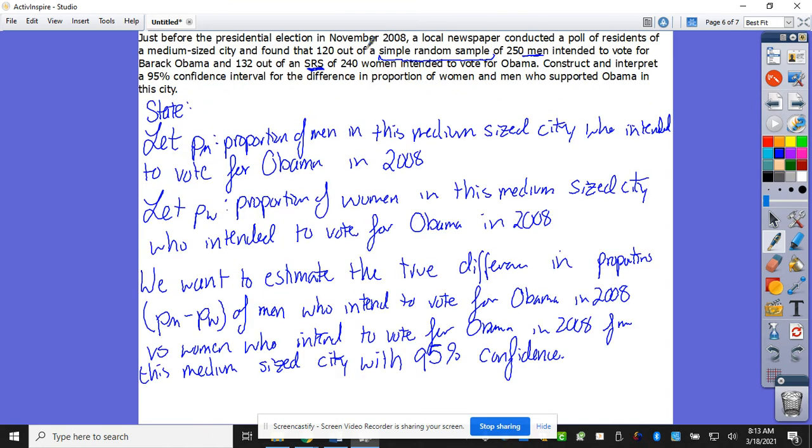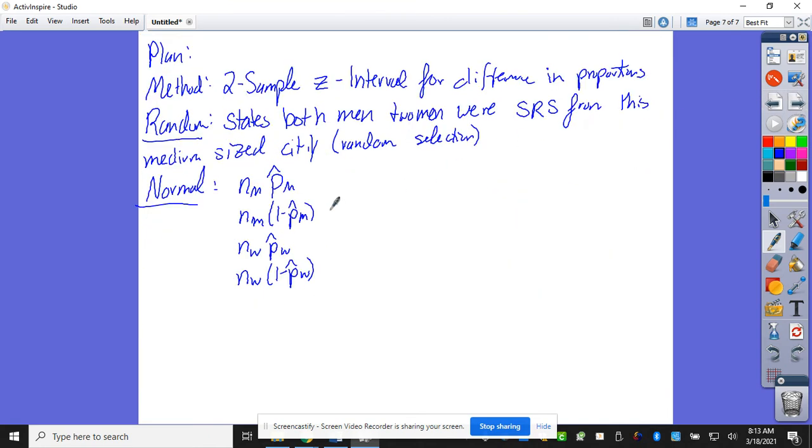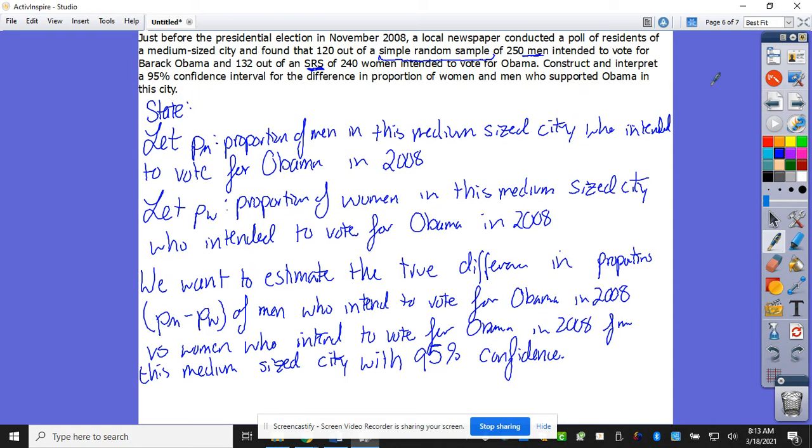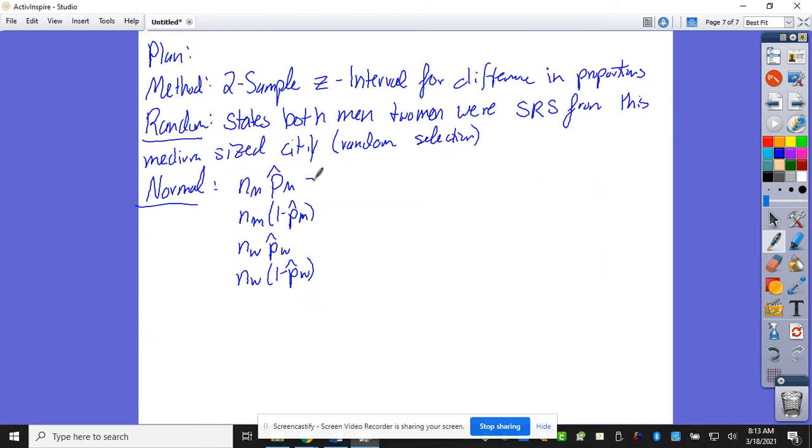So going back to these, when we're dealing with P hat, this is actually the number of successes in this sample, number of failures in this sample. So we can go with the numbers that it gave us here. 120 of them were male that do intend to vote.